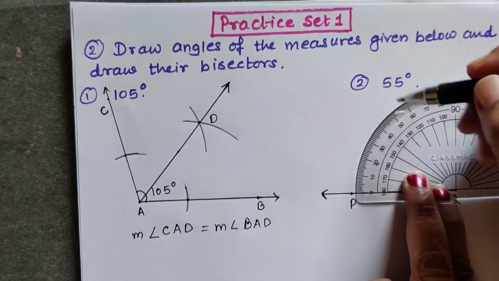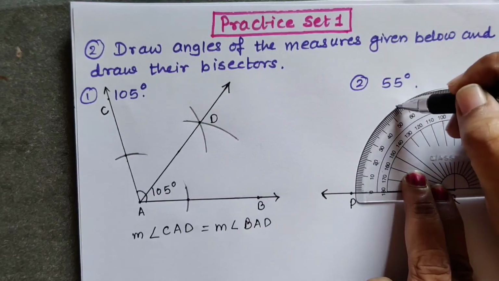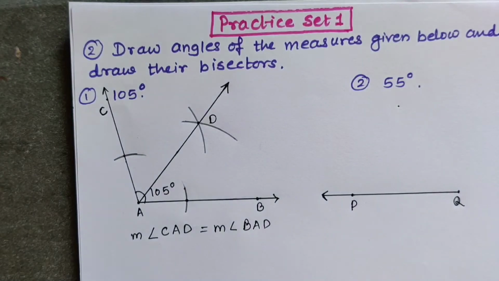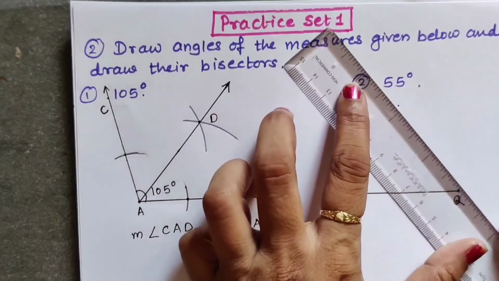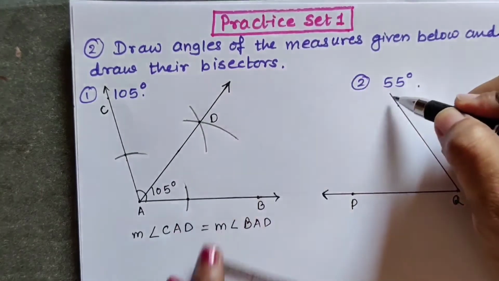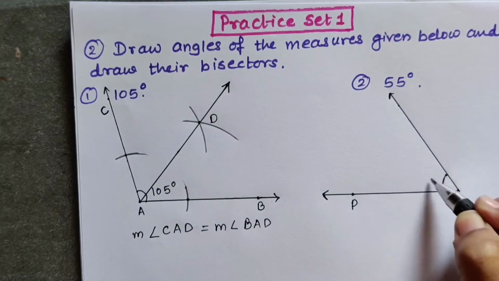Between 50 and 60, 55 will be there. So here between 50 and 60 I have marked a point. I will join this point with vertex Q and this way we have got the 55 degree angle.